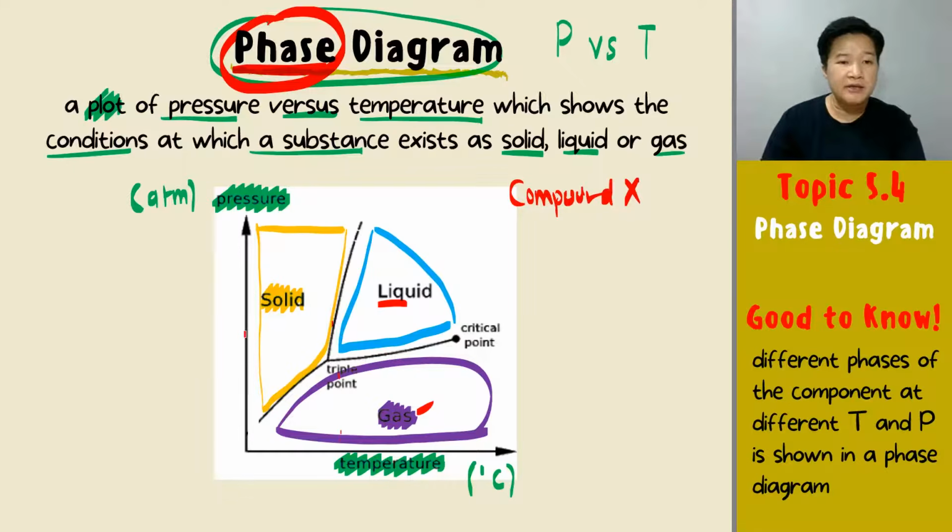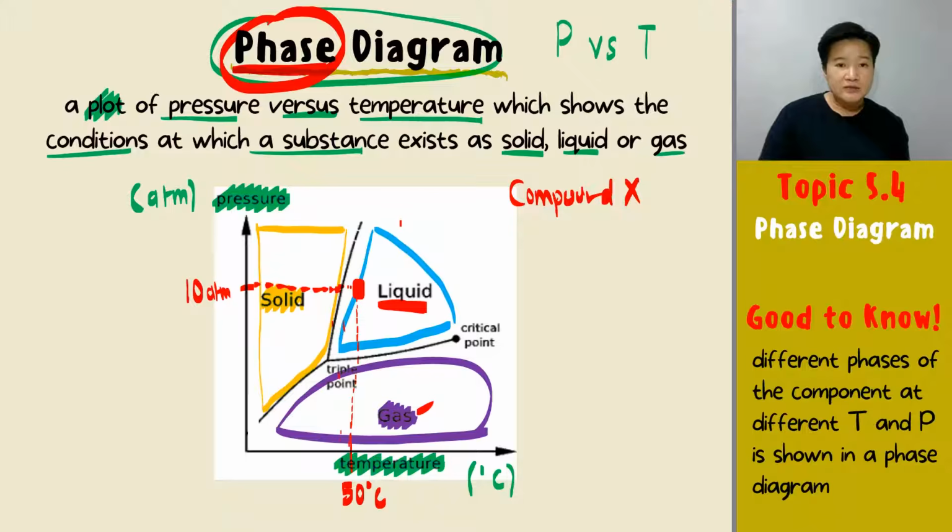For example, if my pressure is 10 atm, let's say, and the temperature is 50 degrees Celsius, we can extrapolate the curve, and you realize that at 10 atm and 50 degrees Celsius, your compound exists as a liquid. Can you see that? So that is the use of a phase diagram.